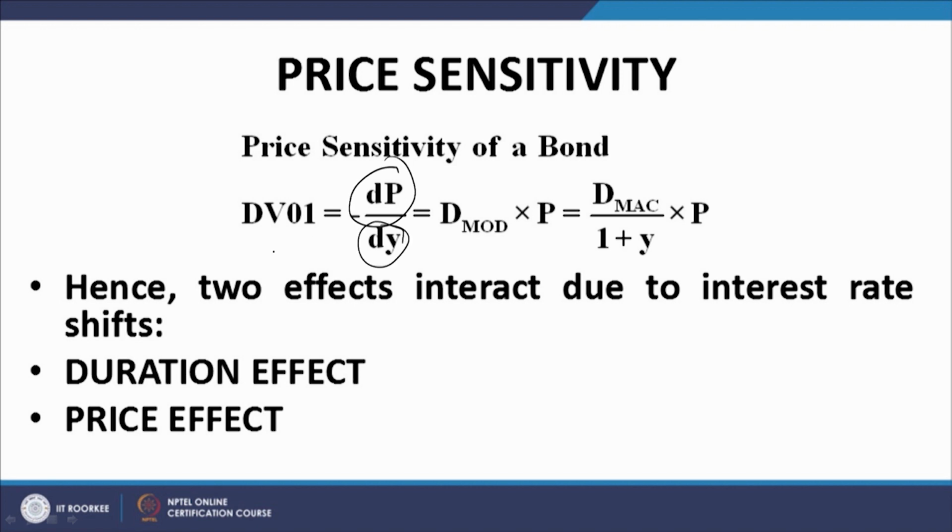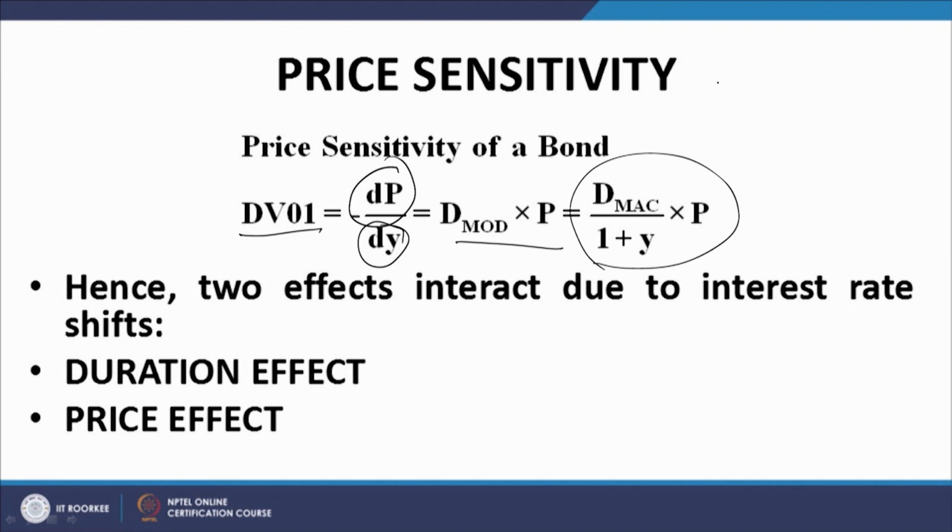Why negative sign? Because we want to return a positive figure for the sake of convenience. Now, by using the formula for modified duration or Macaulay's duration, we can write DV01 either in this form or in this form. Either of the two are good enough, are identical in fact.